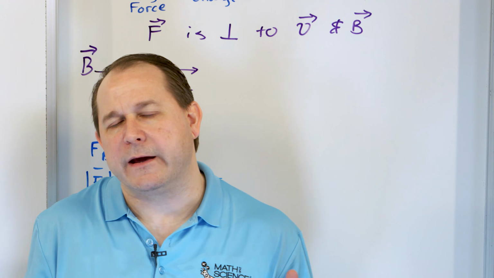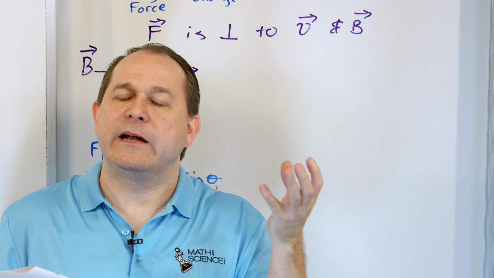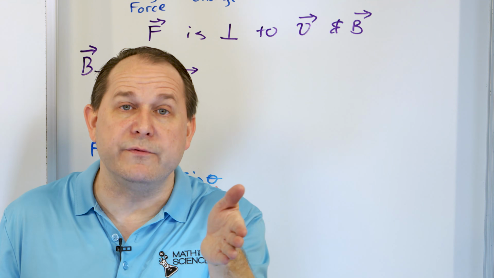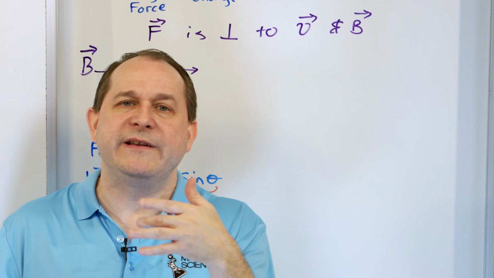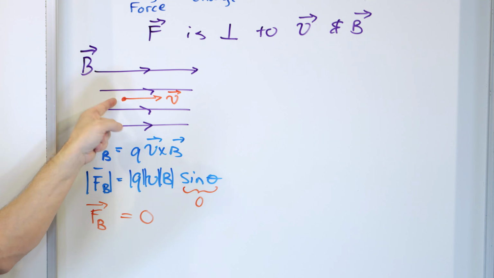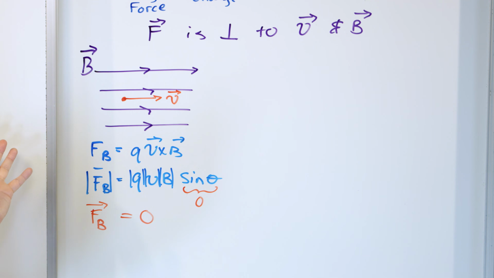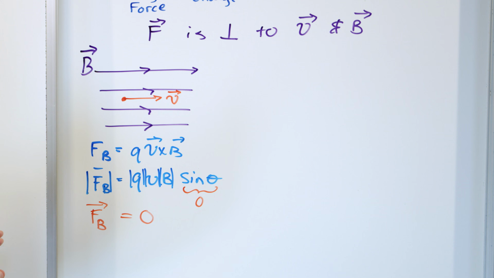You see, people think that magnets just attract things, but they don't. They only have a magnetic force if the particle is moving, but not only that, it has to be moving with some perpendicular nature to the magnetic field itself. If the particle is moving exactly in the direction of the magnetic field, there is no force. There's no force from the magnetic field at all.